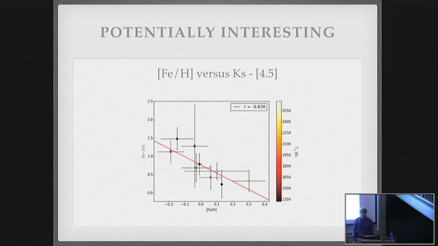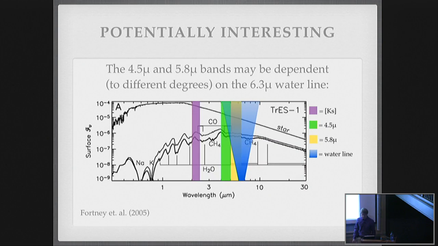Additionally, I found another interesting correlation between metallicity and another color index, the KS band minus 4.5 micron band. And this is negatively correlated, whereas the other was positively correlated. You may notice that the commonality between these two correlations is the 4.5 micron band. So my hypothesis is that the 4.5 micron band is this green line right there.